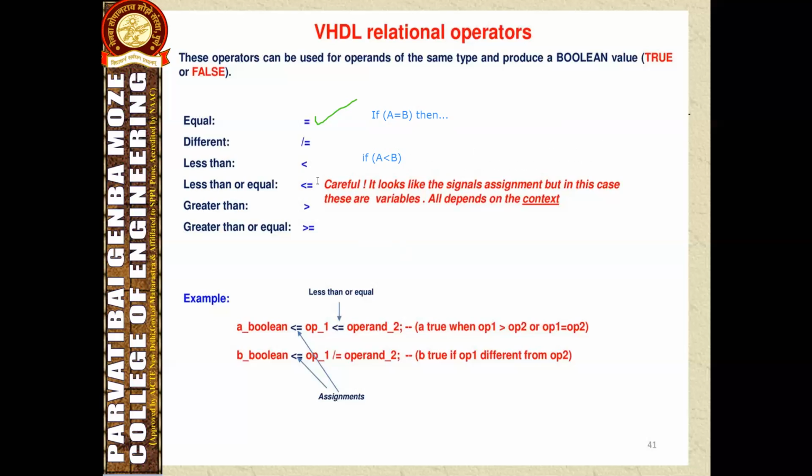For less than or equal to, if A is less than or equal to B, then the further command is going to execute. So it will compare whether object A is equal to or less than B.